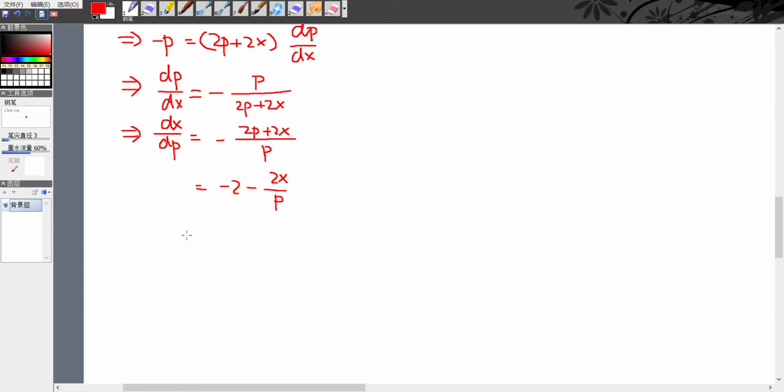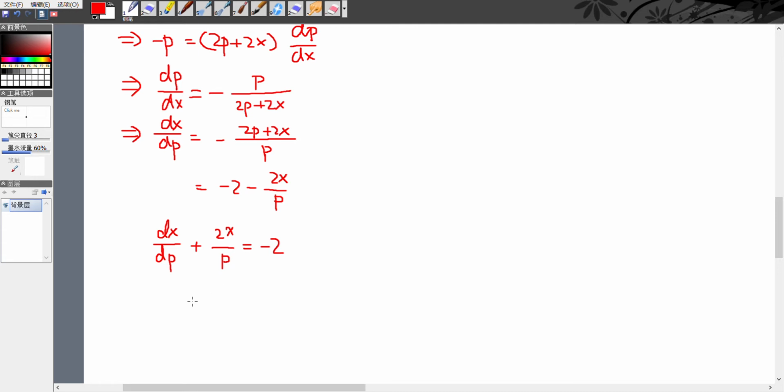First order differential equation. And now we arrange it into its general form of a first order DE. dx by dp plus 2x divided by p is equal to negative 2.